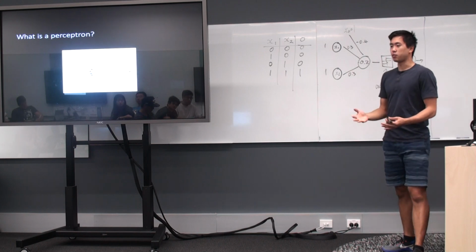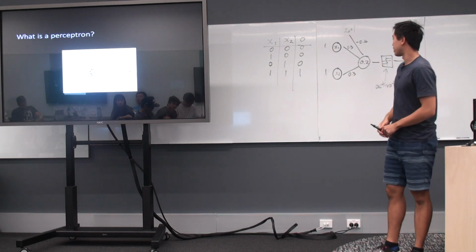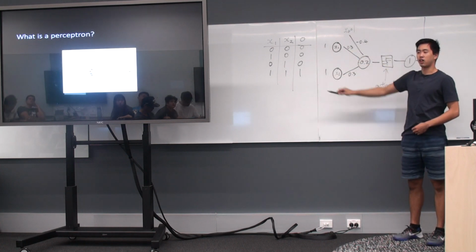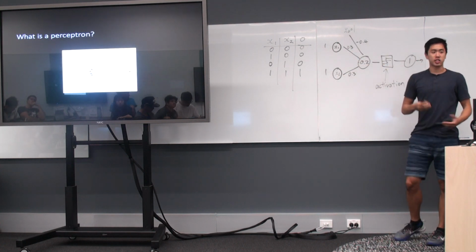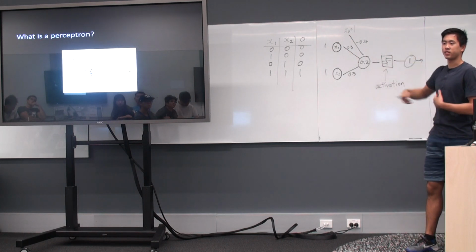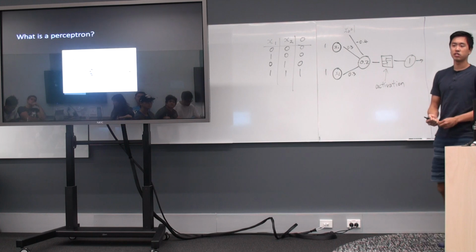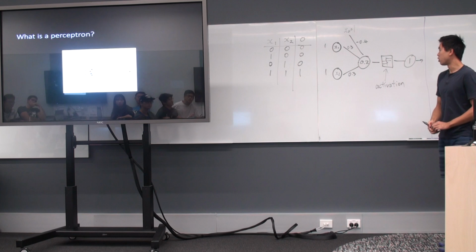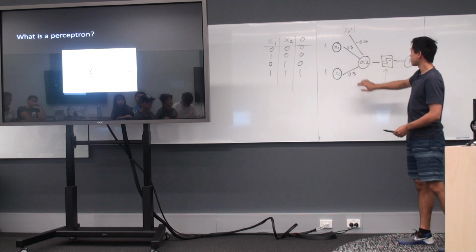We can do the same thing but create the OR function, which means it will output a 1 if either one of these is 1. So does someone want to suggest a bunch of weights that will get us the OR function? We can change any one of these.